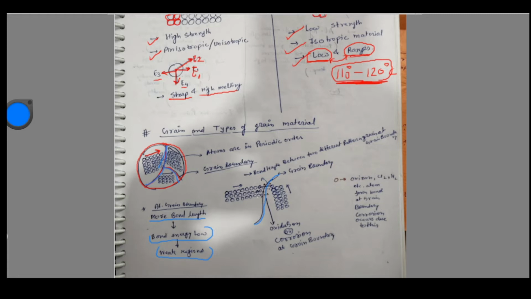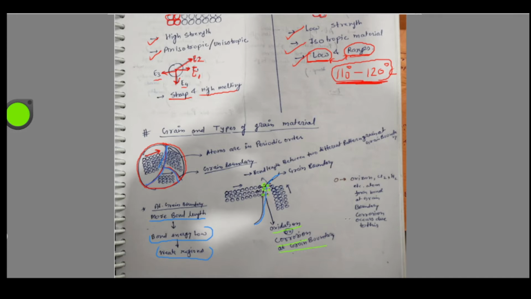the more oxidation will take place on this boundary layer. Oxidation will take place at this boundary layer, and due to the oxidation, corrosion will take place.